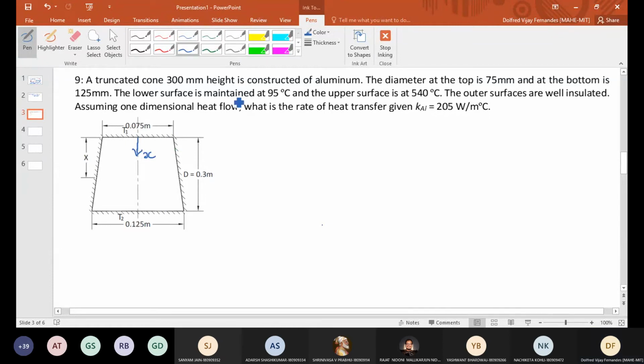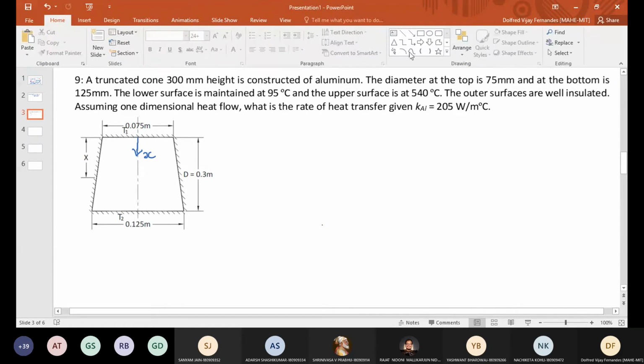Okay, let's select an element of thickness delta x.